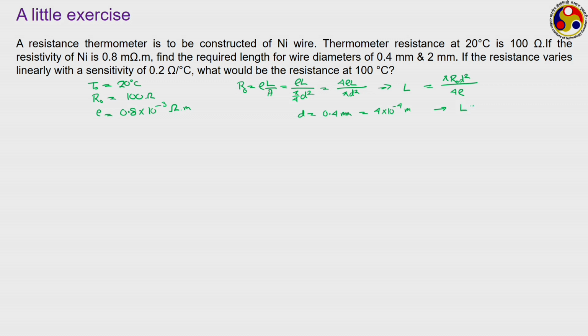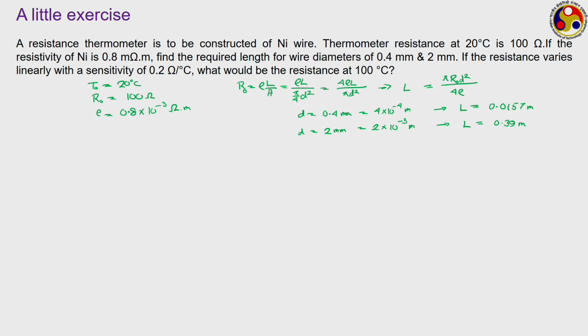For the first case, you are going to get L equal to 0.0157 meter, whereas if we put D equal to 2 millimeter, that is 2 into 10 to the power minus 3 meter, then we are going to have L equal to 0.39 meter.